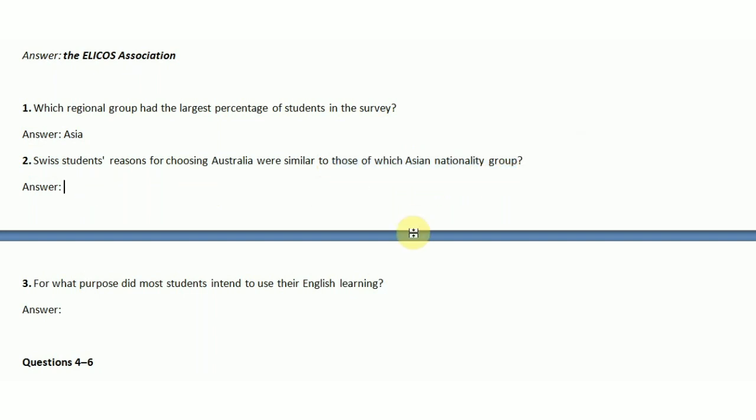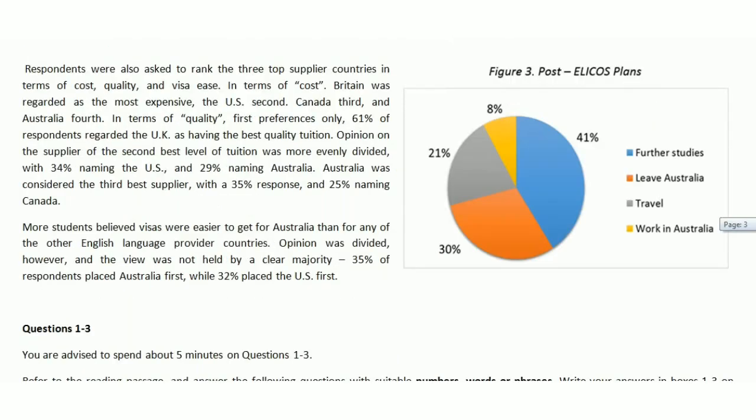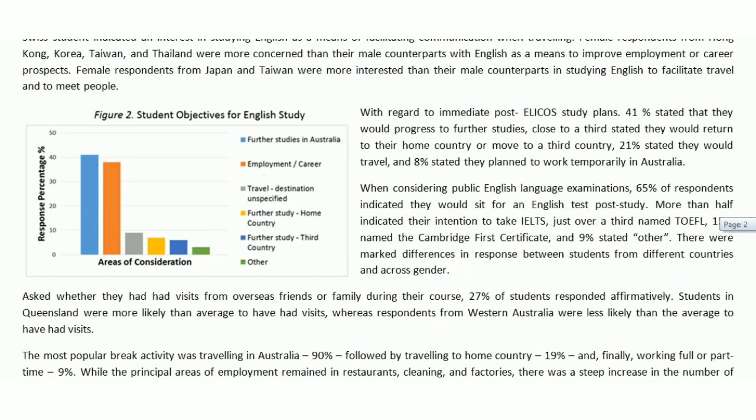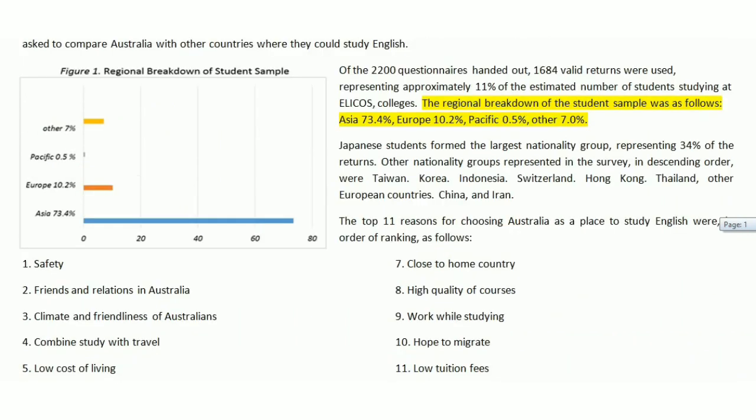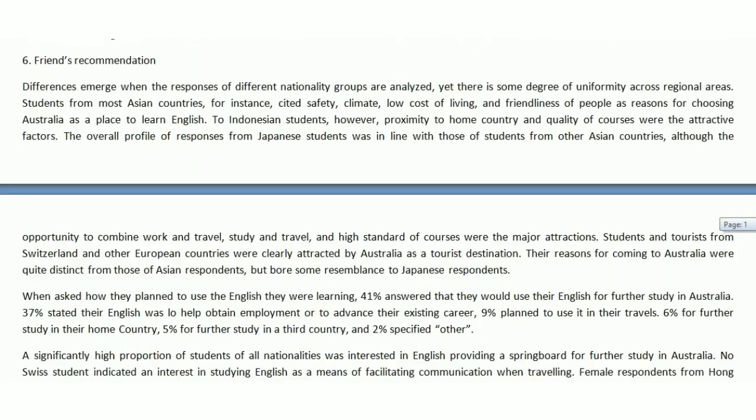Okay, so let's see where it is. I guess it's in this paragraph. Yes, here it is. Students and tourists from Switzerland and other European countries. So in a way, it's students and tourists from Switzerland also.